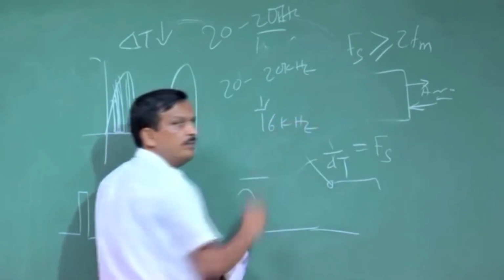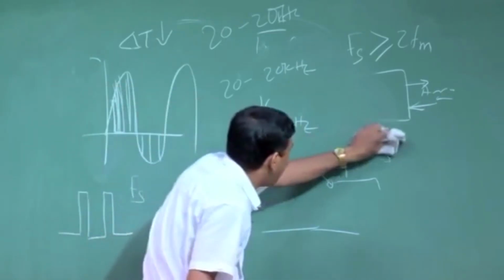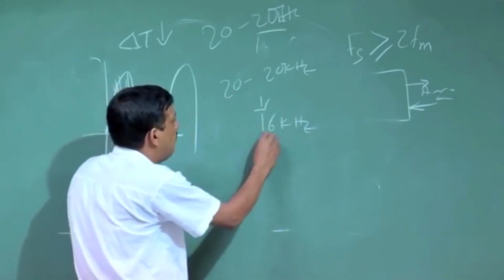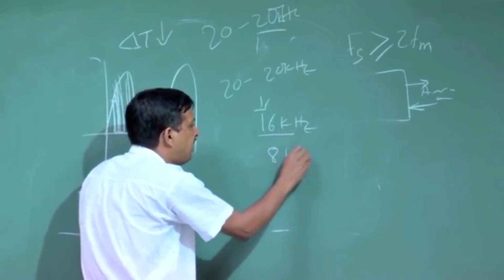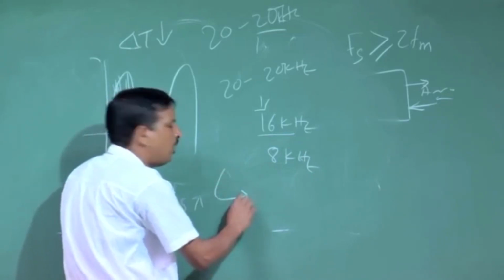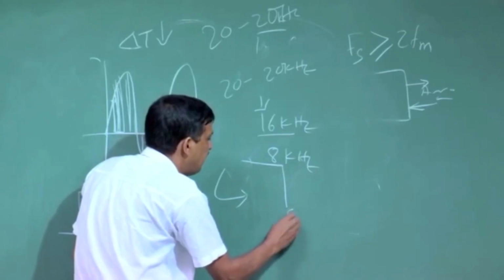What is the meaning? The meaning is that I am restricting the speech signal, as I am interested in the speech signal. So, if the sampling frequency is 16 kilohertz, the highest frequency of the speech signal is 8 kilohertz. So, human speech has to be passed through a low pass filter whose cutoff frequency is 8 kilohertz.